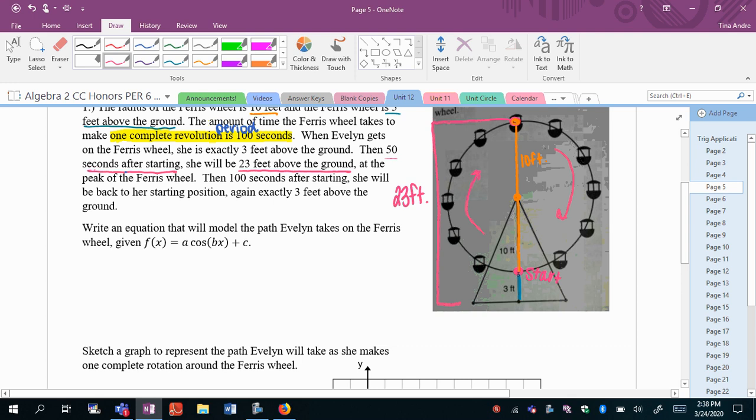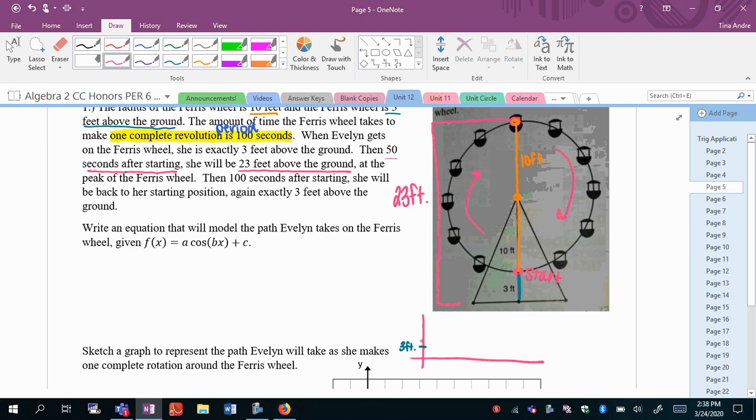So when we start here, let's sketch a picture. The starting point is at 3 feet. I'm going to make this a real rough sketch just because I want you to see the connection before we formally graph it. Normally you won't show this, but I want it to be clear how I'm getting these points.